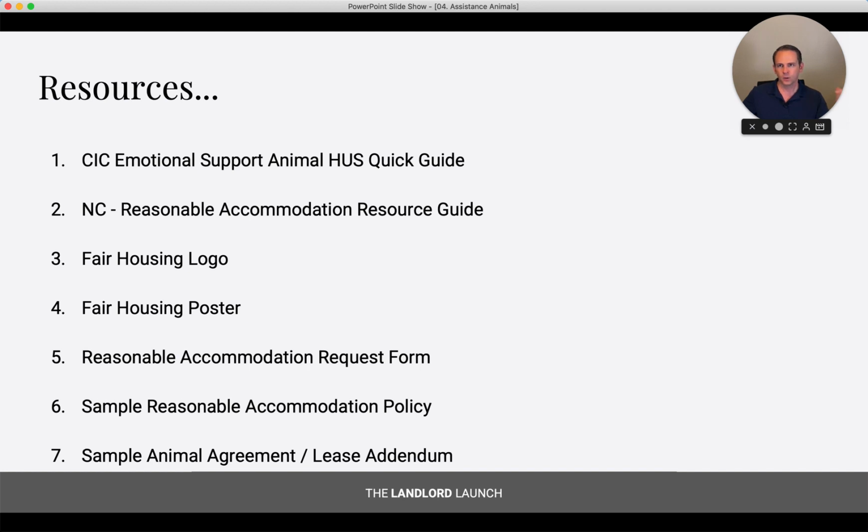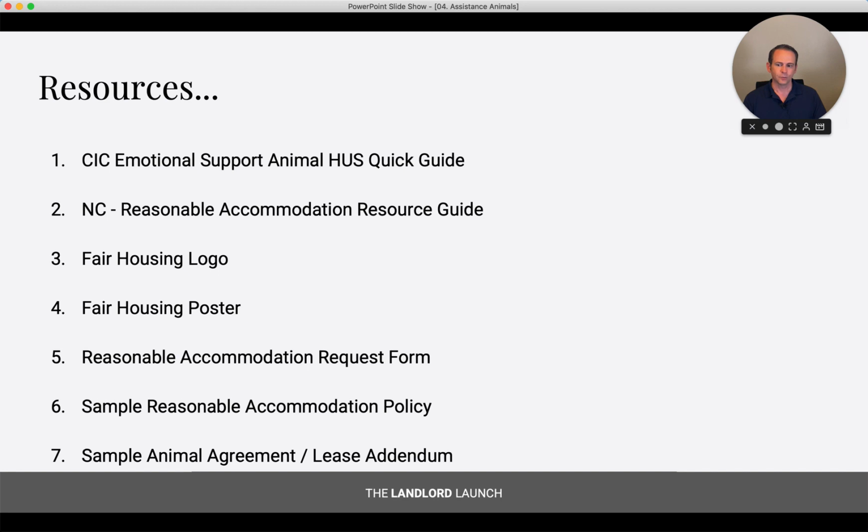It's from a North Carolina housing agency, but it had a lot of really good, very clear information too. I've included the fair housing logo and the fair housing poster, if you want to include the logo on any of your forms or the poster in your move-in packets, leasing packets, anything that you want to use it for. If you have an apartment community, you can post it on a billboard, any of that.